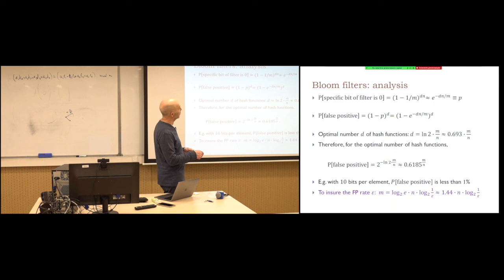And if you do this, then the optimum number of hash functions will be natural logarithm of 2 times m over n. So m over n is the number of bits per element. So it's sort of inverse to the load that we had before. This comes to your question that you asked, how many elements. So the number of hash functions is some constant like 0.7 times the number of bits per element.